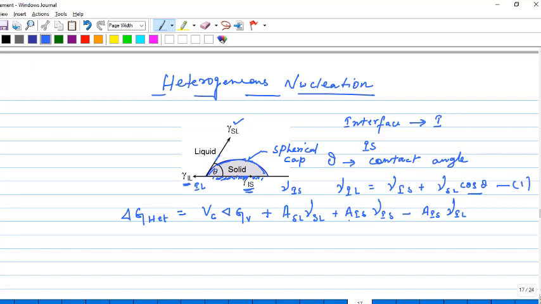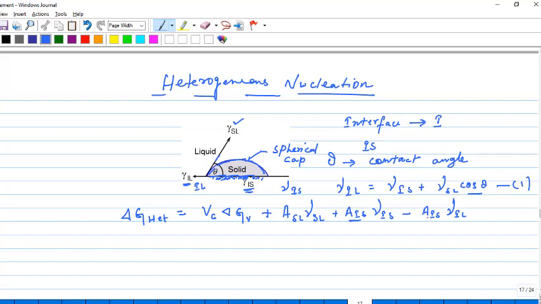Similarly, this is the area here, the heterogeneous surface and the solid, that particular interface. And you can also see the corresponding surface energies.